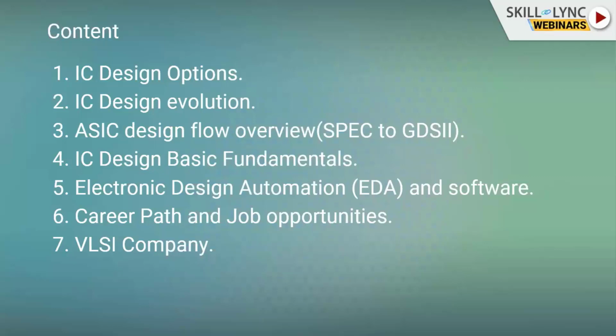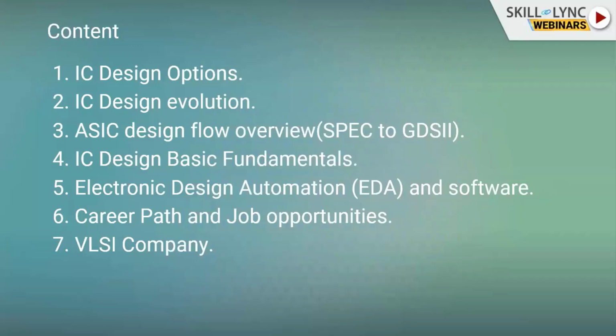The third topic is ASIC design flow overview: from specification to GDS2, how the industry develops the IC chip. There are multiple stages, and I'll explain them stage by stage.